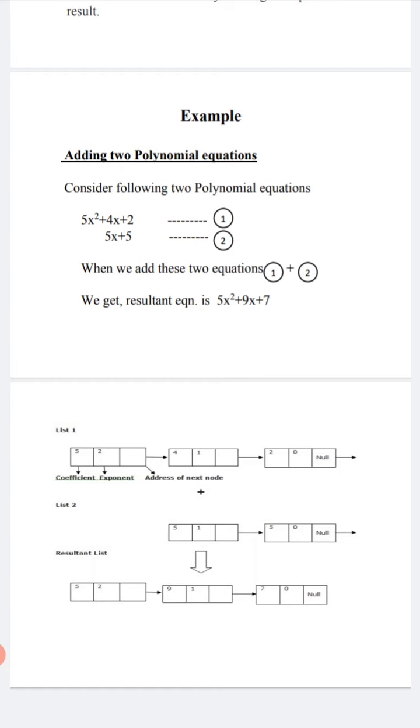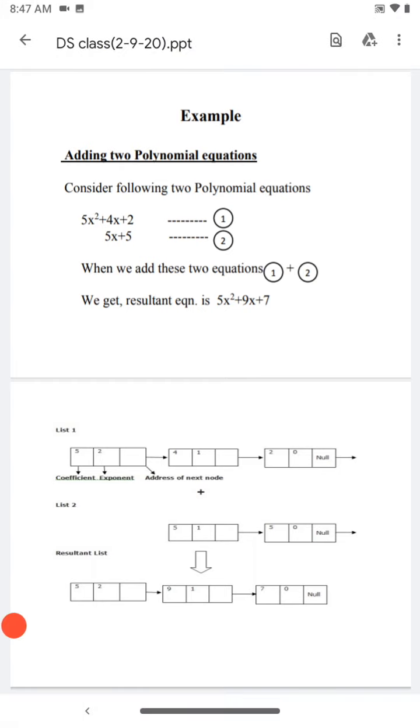We take two equations. First equation: 5x power 2 plus 4x plus 2. Second equation: 5x plus 5. Only two terms in the second equation. When we add these two equations, we get the resultant equation. The first equation has a 5x squared term, but the second equation has no x power 2 term, so we simply write 5x squared.